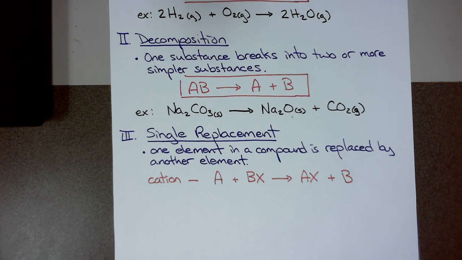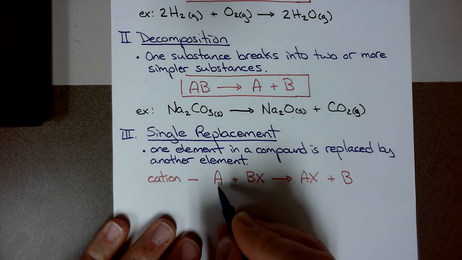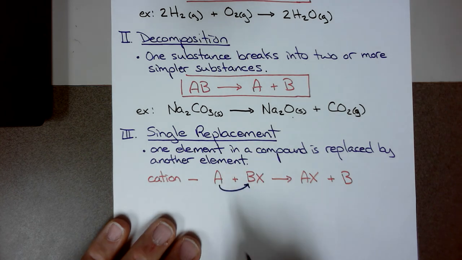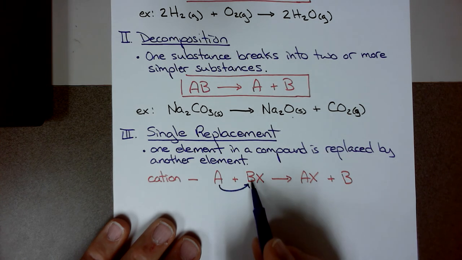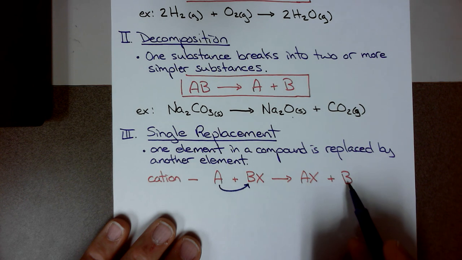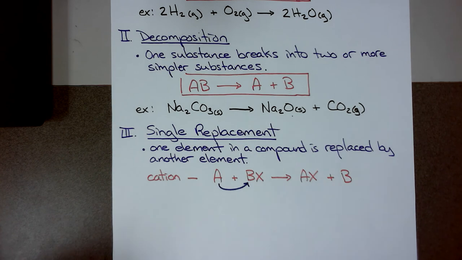So it's usually metals, so we have this metal, which can become a cation, will replace the cation in the compound. So you replace the B with an A, so you get AX, cation, anion, and then the element B by itself. Single replacement.